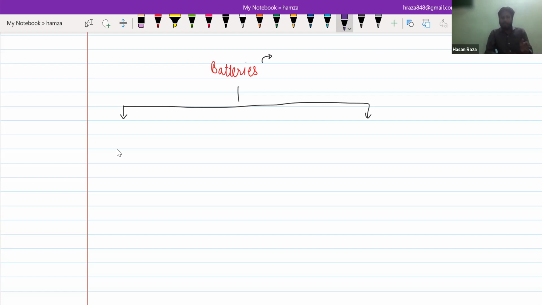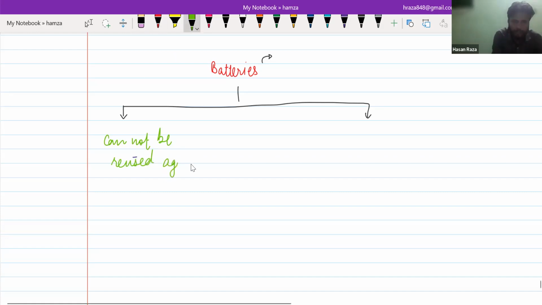The battery which can be recharged after discharge, that is secondary cell or secondary battery, and the battery which cannot be recharged, that means after using you cannot use it, that is called primary battery. So I'm going to define these two.